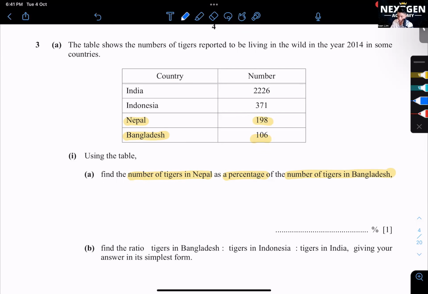So you put the Nepal line on top over Bangladesh, which is 198 over 106 times 100%. You get 186.7%. If you want to round it up, also can. You can round it up to 187%. Either one of the answers, both also acceptable.